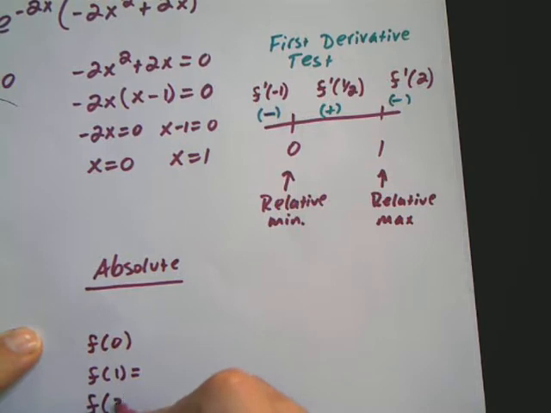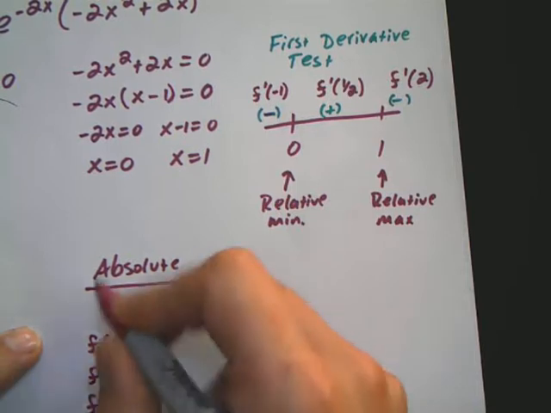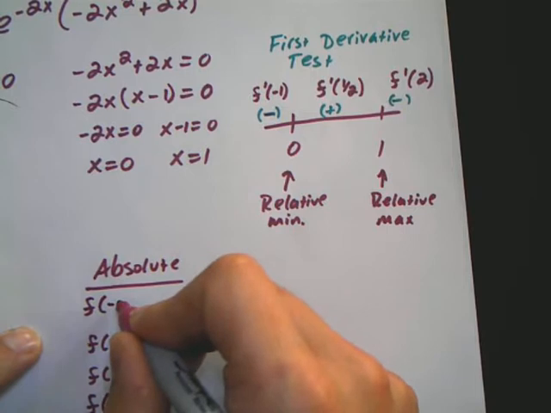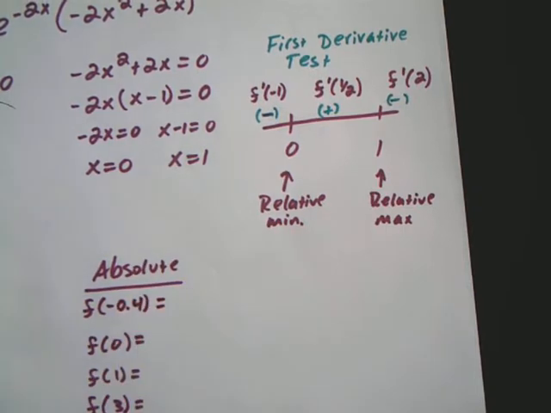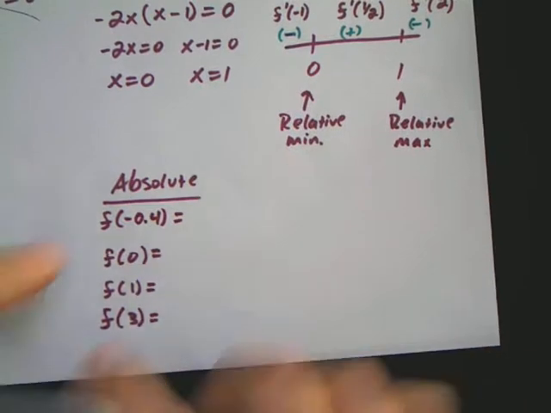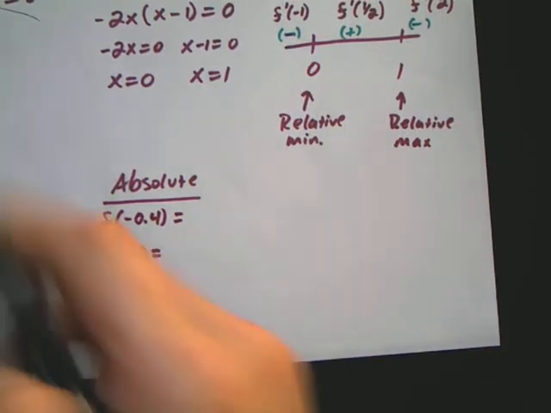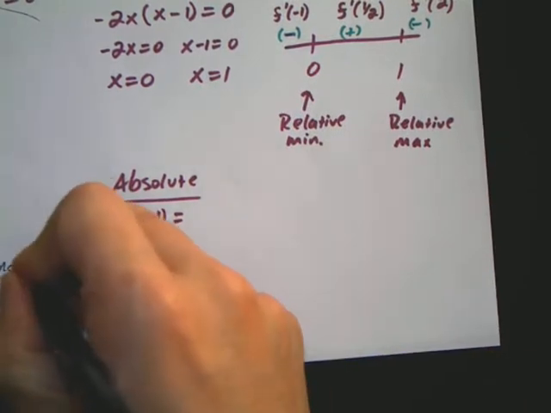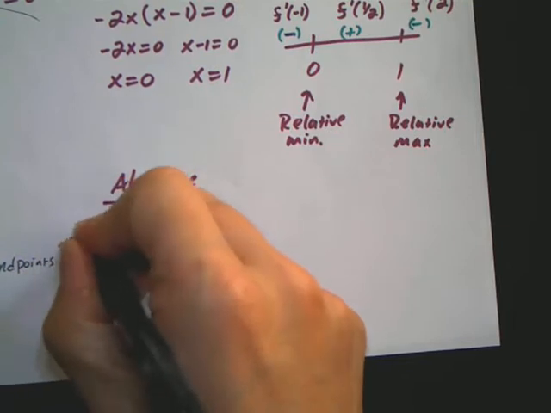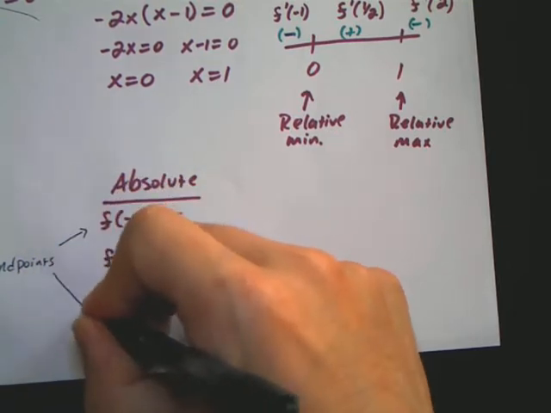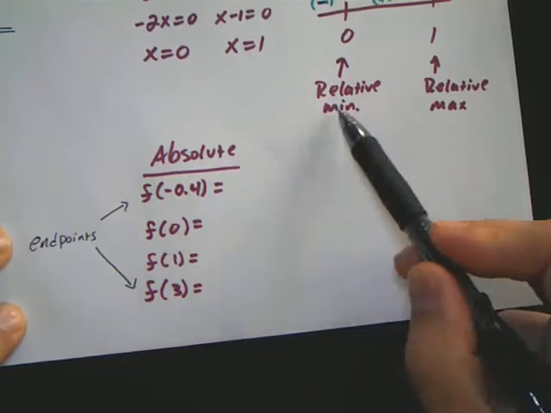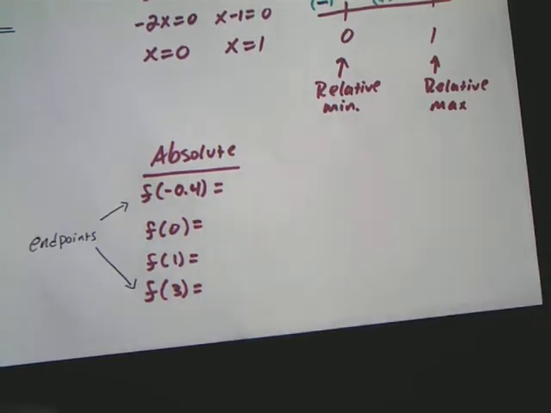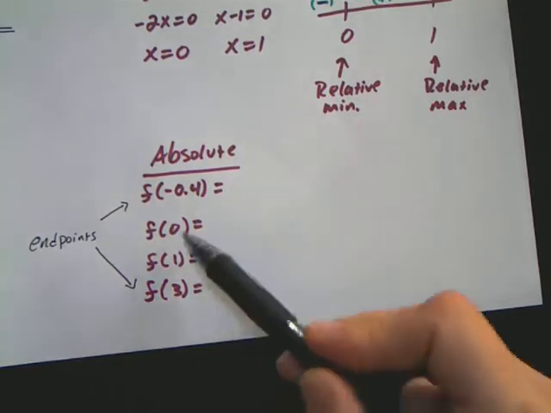So f of 3 and f of negative 0.4. These values that I'm also checking are the endpoints. Because it's on a closed interval, I have to look to see if these endpoints are either a maximum or a minimum. To plug these values in, I'm going to have to use a graphing calculator.